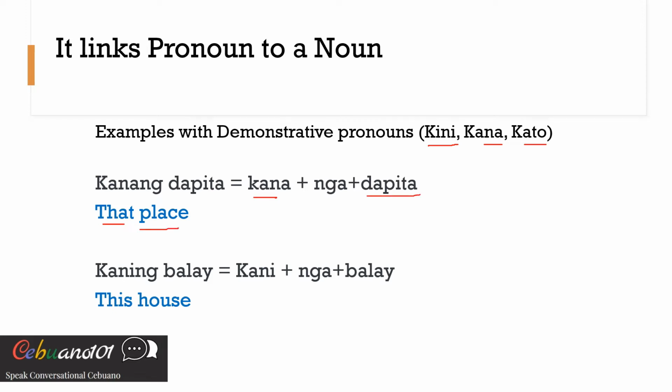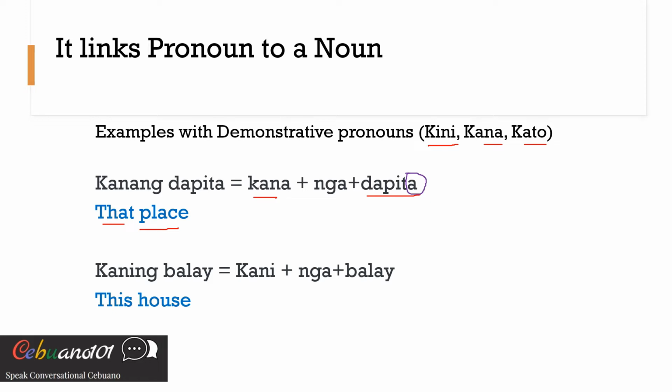Dapita is location or place. The root word here is dapit. So we have a here at the end of dapita. The a here actually gives emphasis that it is a particular place or specific place. Okay, kanang dapita, that place.